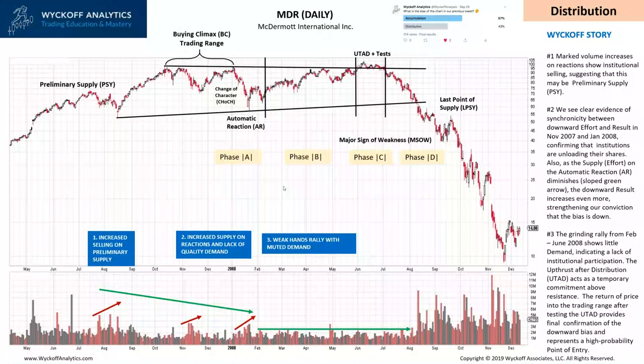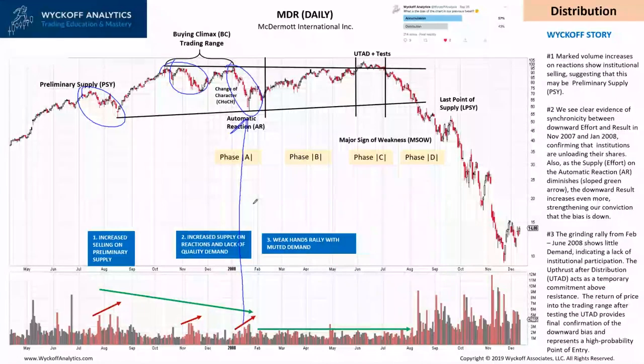Is it distribution during the buying climax range, or is it rotational selling and buying? Well, a good question to ask at that point, right? Is this a rotation between institutions, or is this a distribution? I would say that it's probably both.